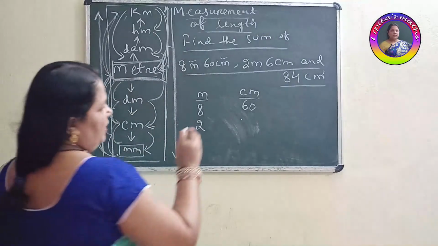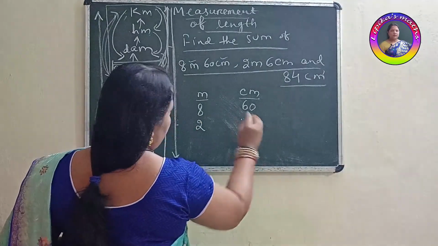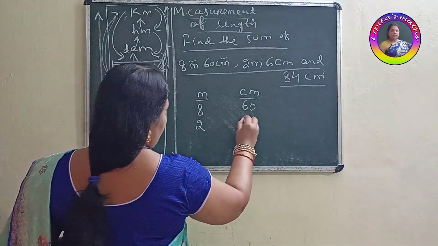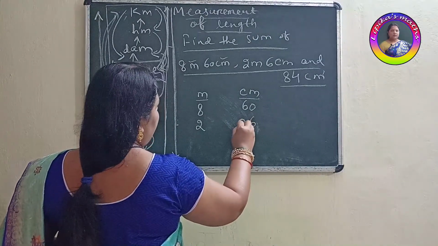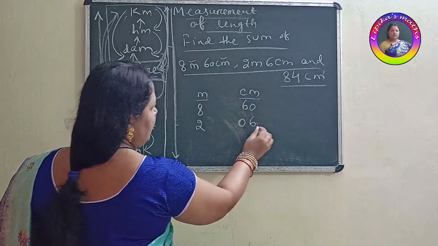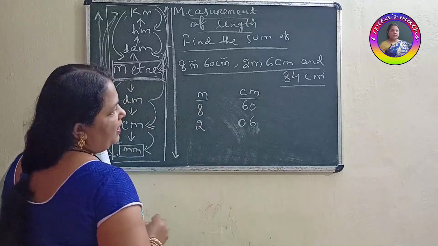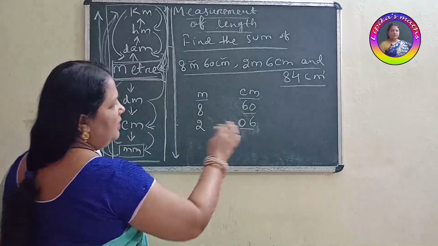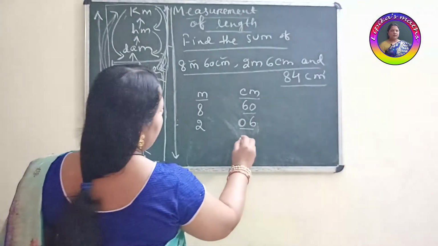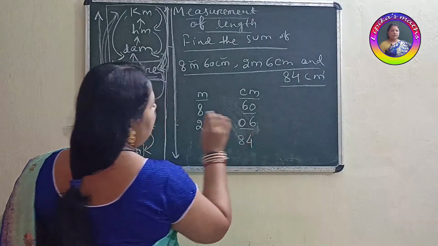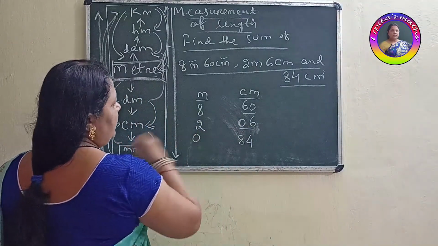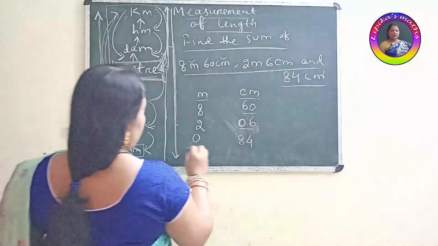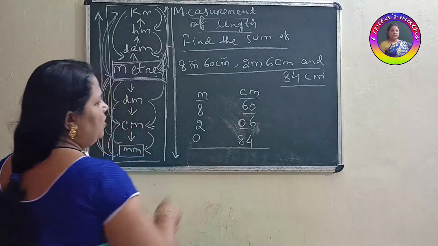You will arrange here only. And a 0 you will add on the left side of this number to make it balance. And the next one, it's asking 84 centimeter only. Meter part is 0. Okay. Now we have arranged in column.